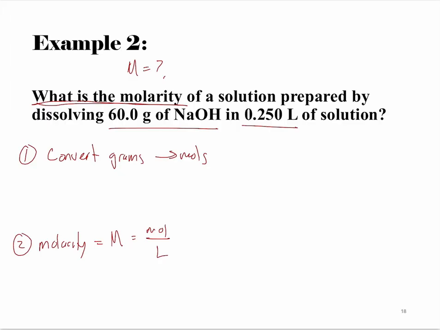Convert grams to moles. What do you have to use here? The molar mass, right? Whenever we're going from mass to moles, we use the molar mass. So we start with 60 grams of sodium hydroxide. And we multiply that or divide it by the molar mass. What was the value of the molar mass of sodium hydroxide?